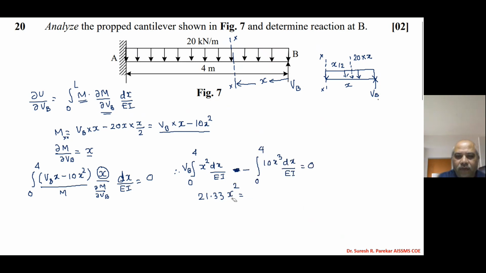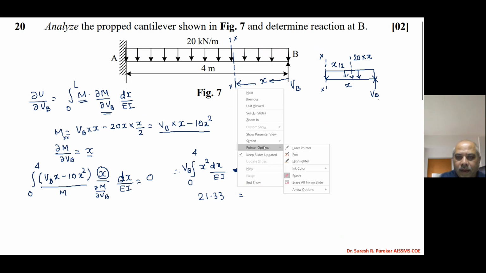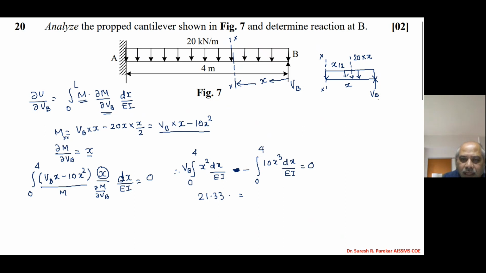So VB is equal to, now integrating the right side, 10x cube from 0 to 4, and we have this value 640.